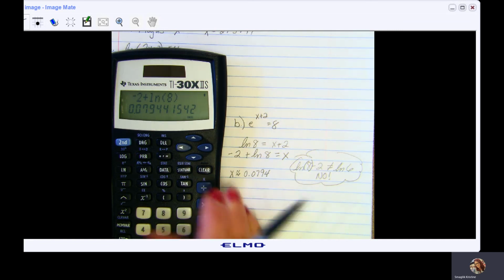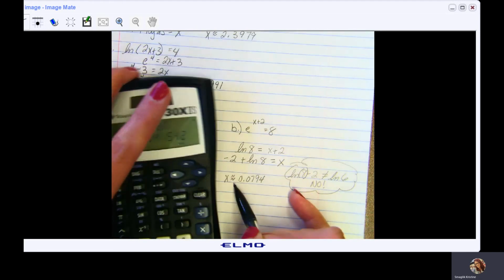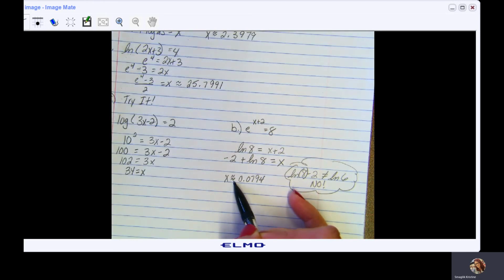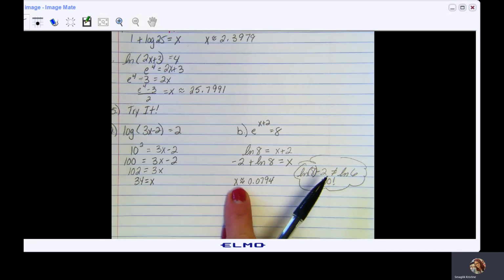Notice too how when I'm doing these, because I am rounding, I'm using the symbol for approximate. It's not equal. If you round a number, it is not equal. It's an approximation. So make sure that you are using correct notation.